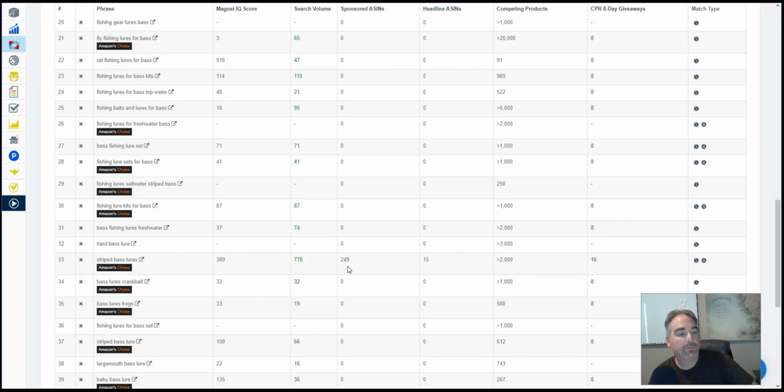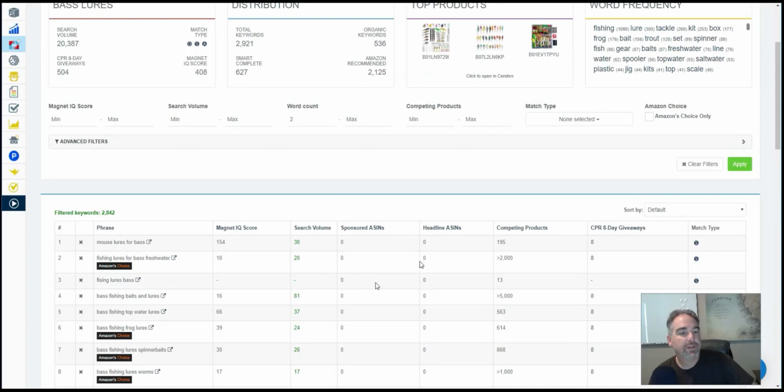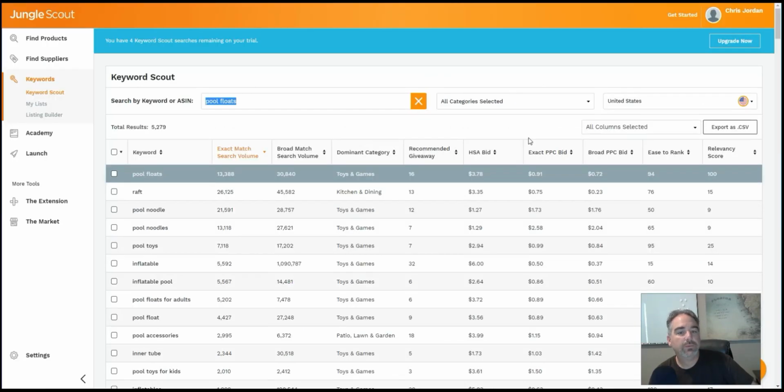So that might be one that you have to stay away from because it may be too competitive. So this is nice, allows you to get a lot of good information. Everything else is pretty much the same. So like I said, each of these has one thing that the other one doesn't. So I'd call them pretty even on the keyword tool.